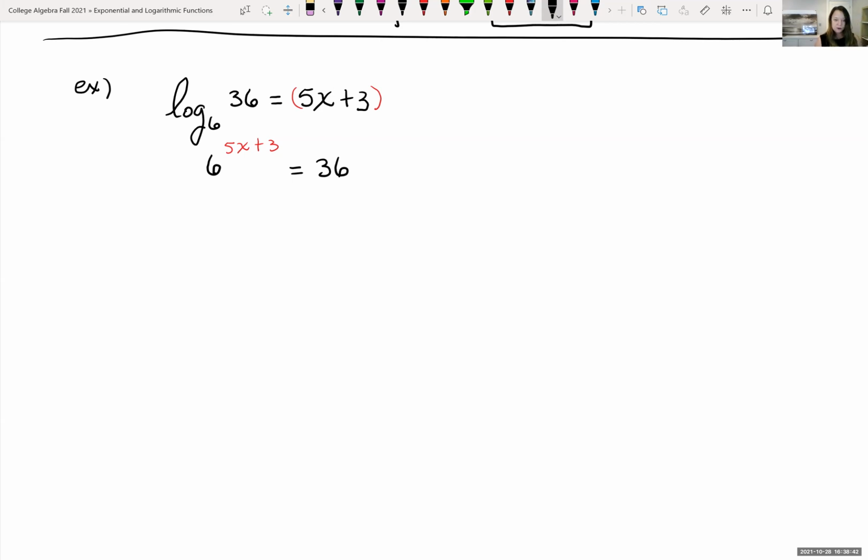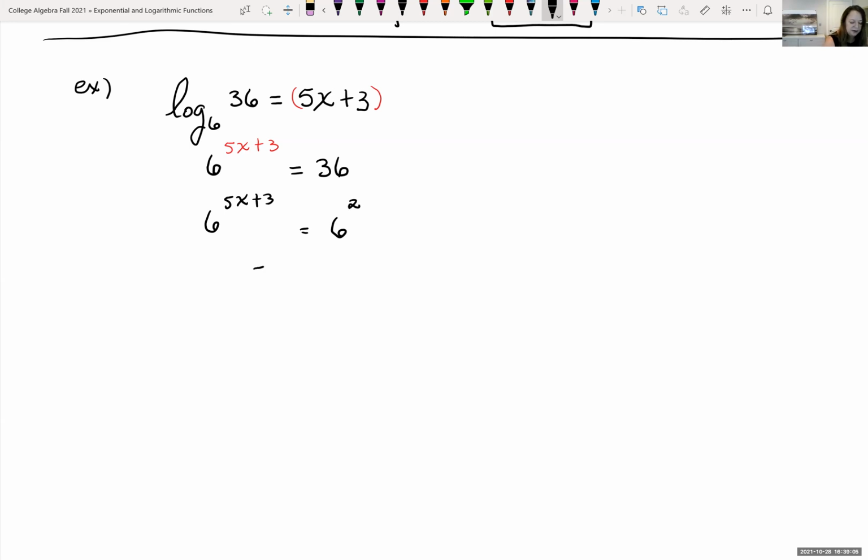This brings us to what we were doing at the beginning of the class, where we had to manipulate the bases to be the same in order to set the exponents equal to each other. In 6 and 36, we can manipulate those bases to both be 6. So we have 6 raised to the 5x + 3 power equals, well, 36 is the same thing as 6 squared.